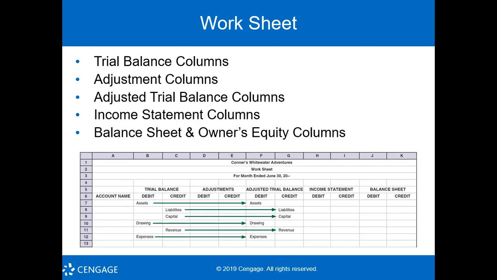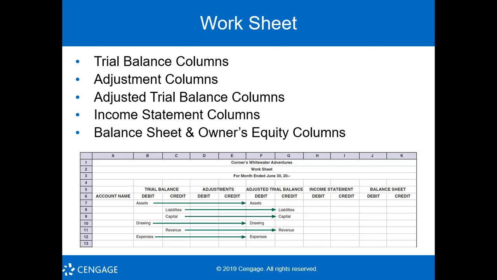And then any accounts that get adjusted, we have to get an adjusted balance, so that's the adjusted trial balance. From that adjusted trial balance, we prepare the income statement, and then we have our balance sheet and equity accounts. That's what we see on the last 2 columns.